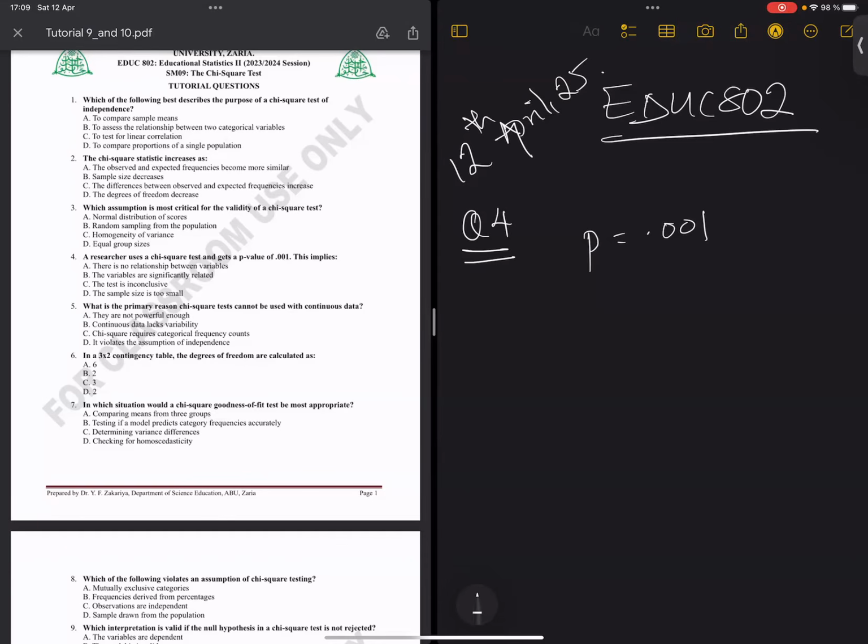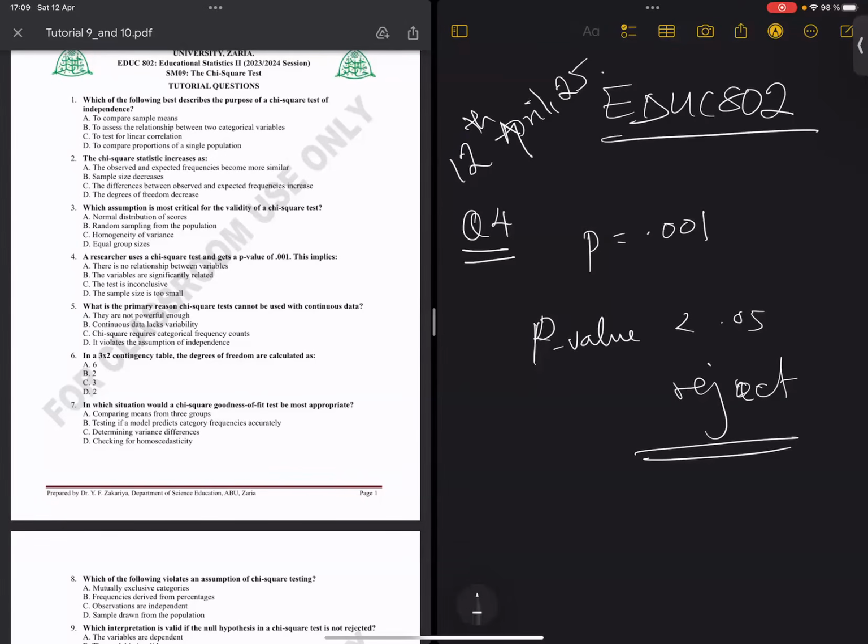So in chi-square test of independence, if the p-value is less than 0.05, you do what? You reject the null hypothesis.